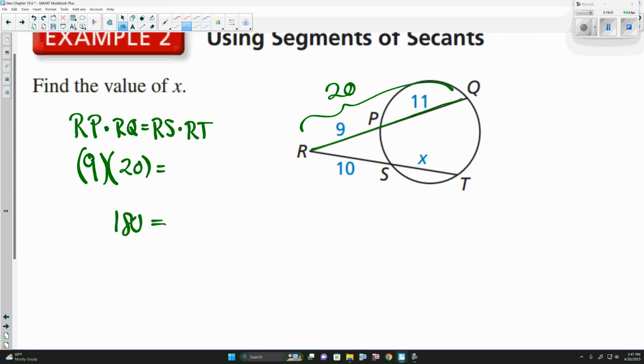Because 9 times 20 is indeed 180. Now the other side, RS, the outside is 10. Now RT would be the whole, yes? Well, how did we find RQ? We did what? 9 plus. So to find RT, we can do what?